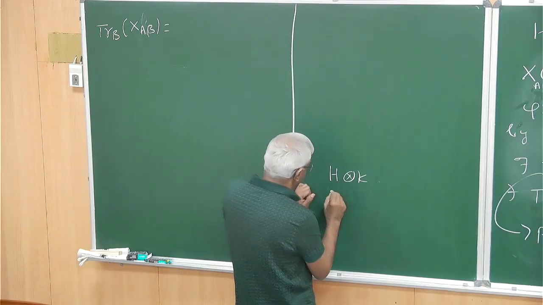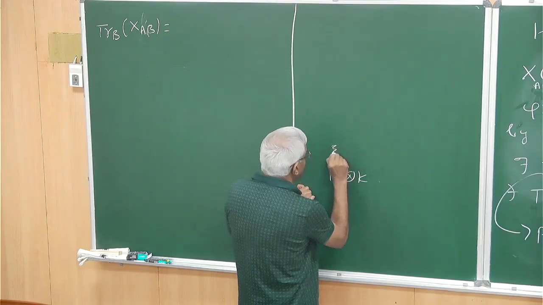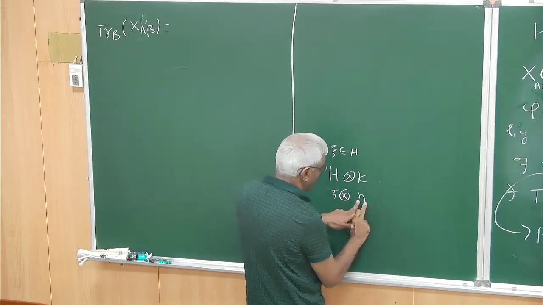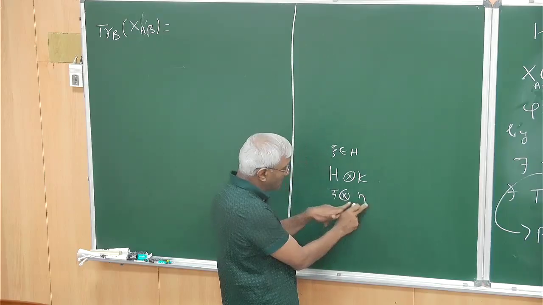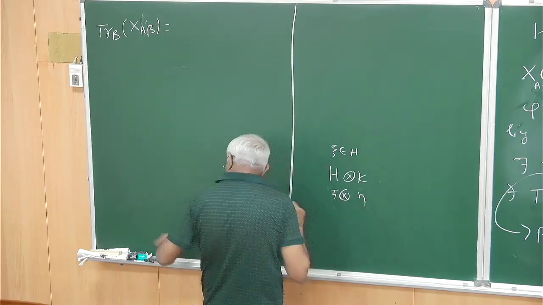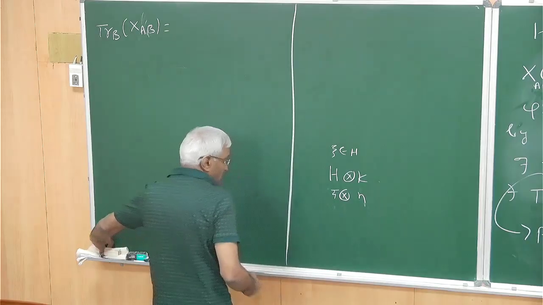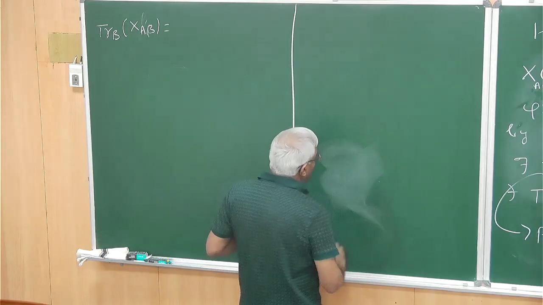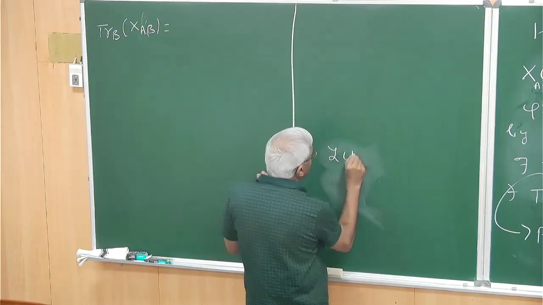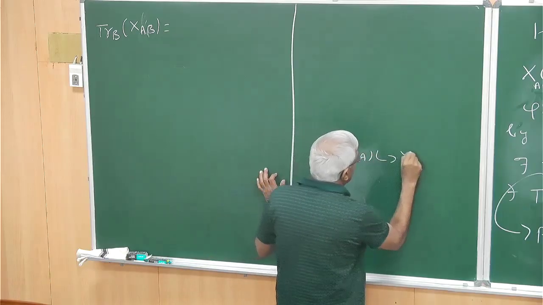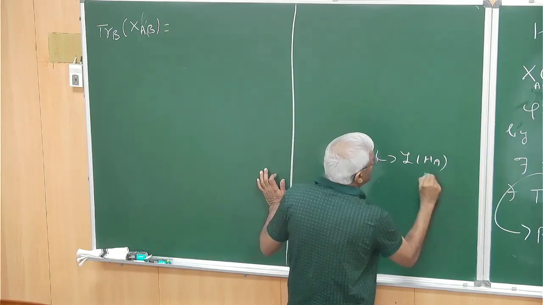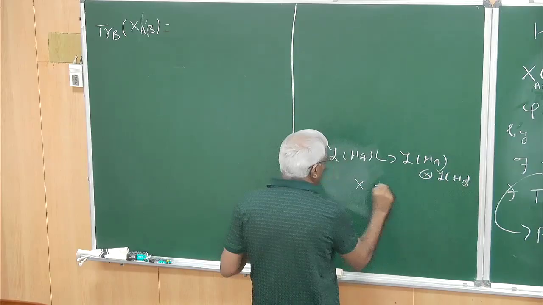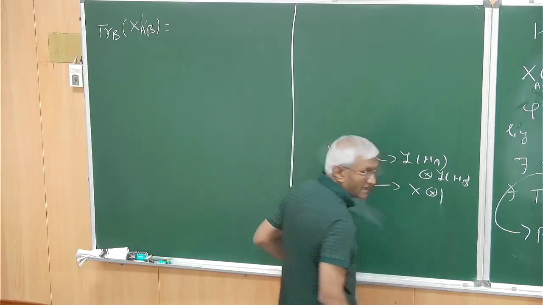If you have a xi in H, you can write it as xi tensor something, fixing a vector, but that is not canonical. But if you have operators, then there is the identity operator. You can embed L of HA into L of HA tensor L of HB, as x going to x tensor 1. This is what is called amplification.